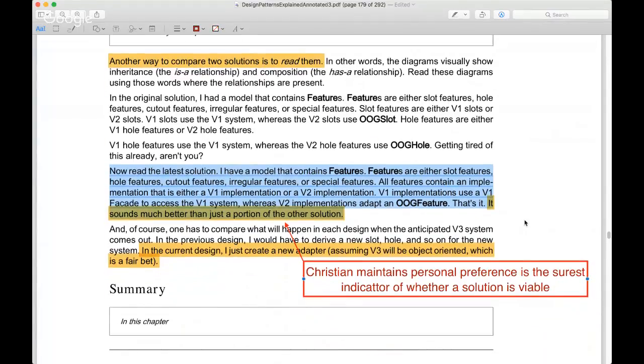I don't think the author of this book talks as much about how you evaluate these things as Christopher does. And one of the things that surprised me, that has slowly been having an effect on my head, is Christopher says that personal preference is the surest indicator of whether a solution is viable, particularly in a community.